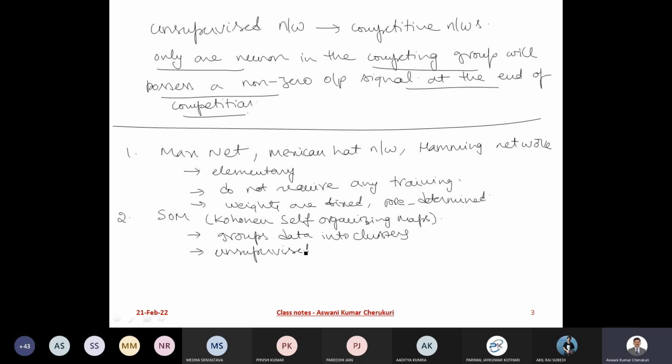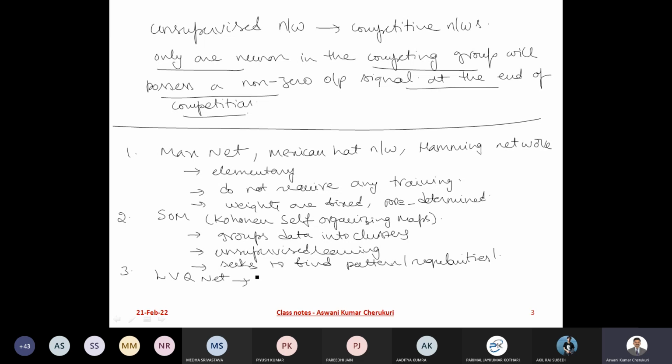Okay, whatever we said about unsupervised learning on the previous screen is this one, and it seeks to find patterns, regularities, and so on. Then you have a third variety of network called the LVQ network.